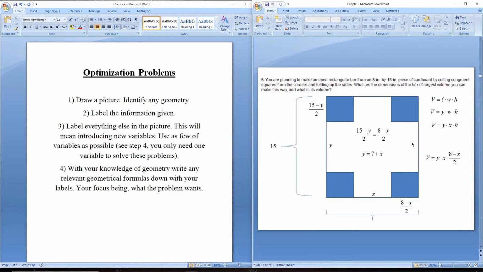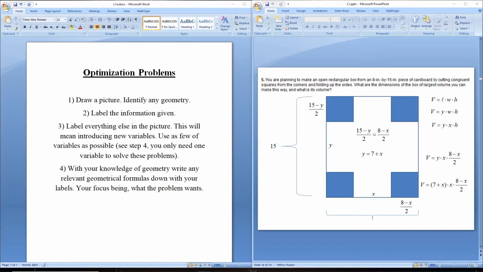From that, we can solve for y and we have our relationship between y and x. We can plug that into our volume and get the final function we're looking for, because we have our volume in terms of one variable now, and we can do our one variable calculus on that.